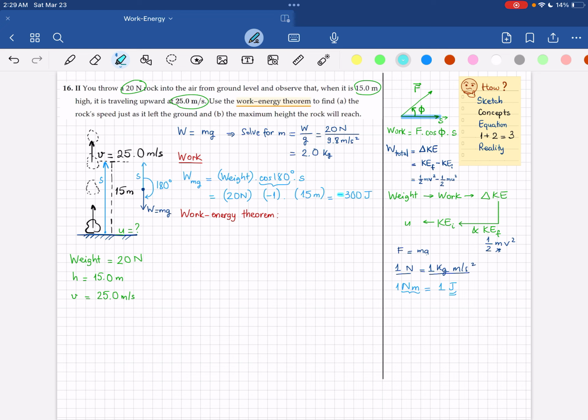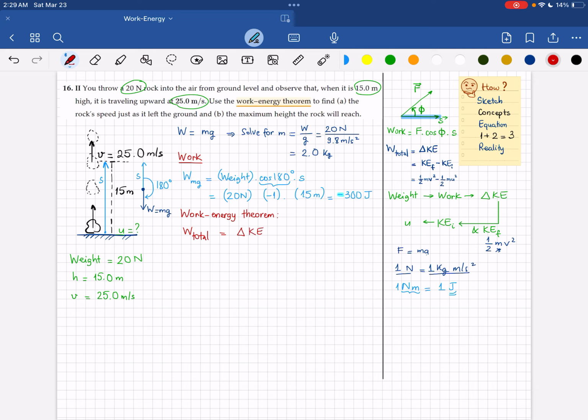Okay, so now let's go to the work-kinetic energy theorem, and we just need to copy and paste this one here. So let's rewrite it again. The work-energy theorem says that the total work equals the change in the kinetic energy.